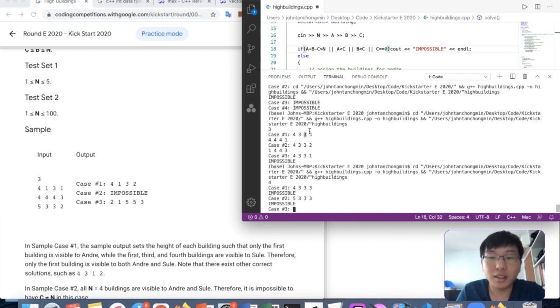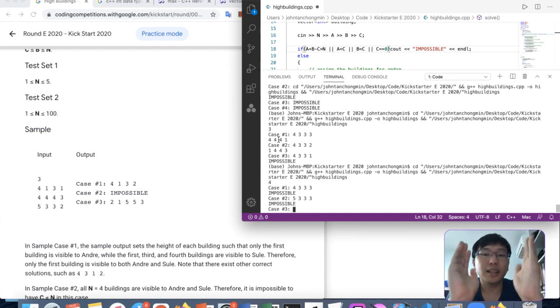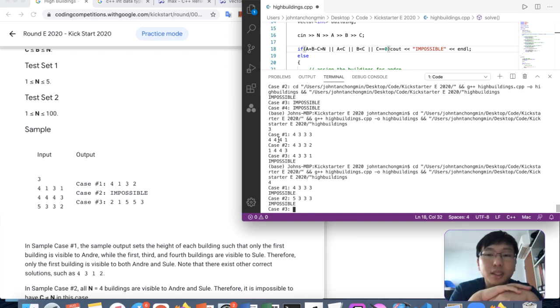So rather than 4 3 3 3, like 4 4 4 1, we could do 4 4 1 4. We could put the small building inside that cluster of tall buildings. So it is possible to achieve this.